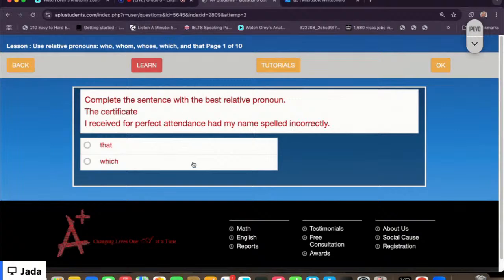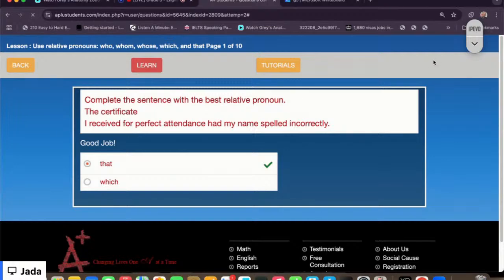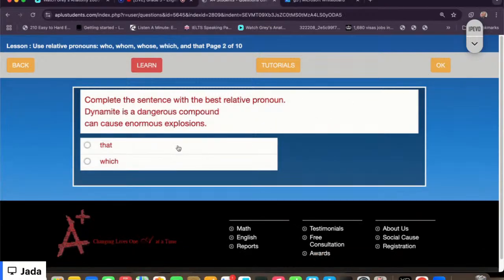So, what do we have? That. All right, good. Next, we have: dynamite is a dangerous compound dash can cause enormous explosions. So that or which?